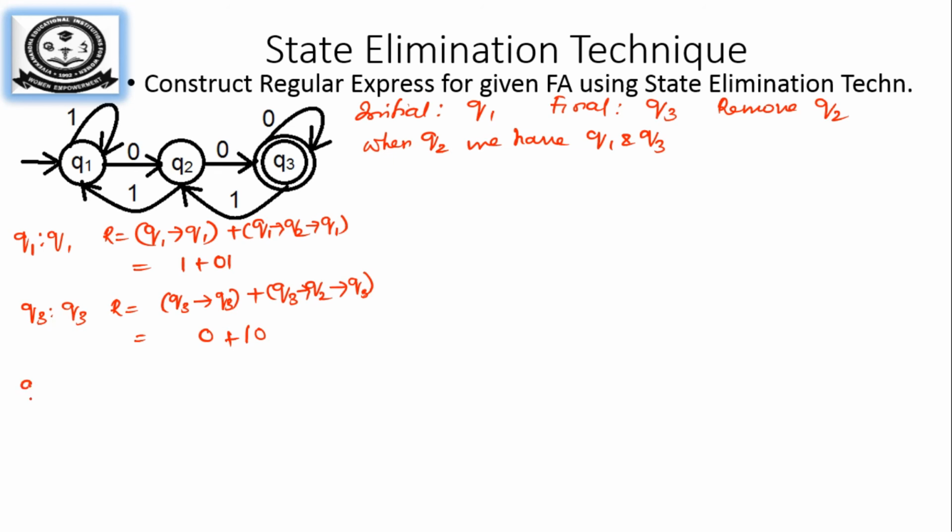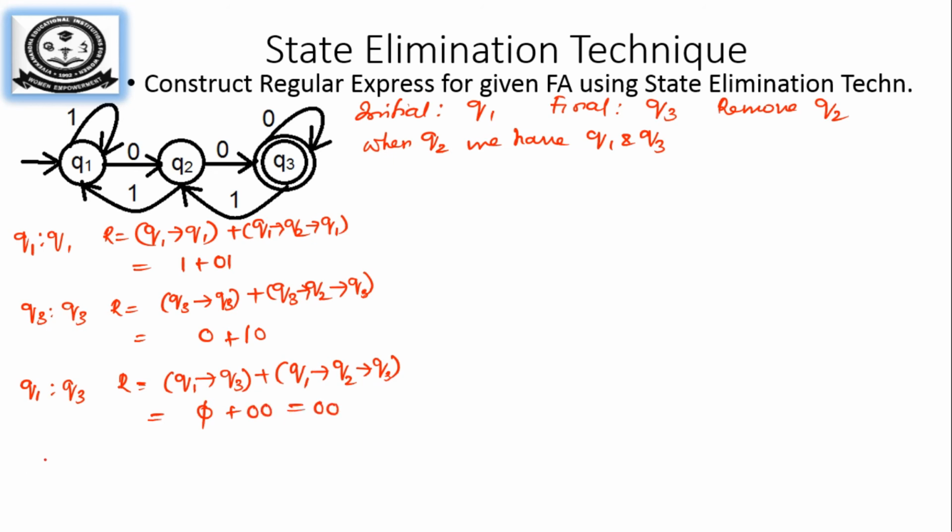So next one is from Q1 to Q3. So now we'll see how is there any direct transition from Q1 to Q3 plus, and do we have a transition through Q2? So here I don't have any direct transition, but through Q2 I can reach the answer.